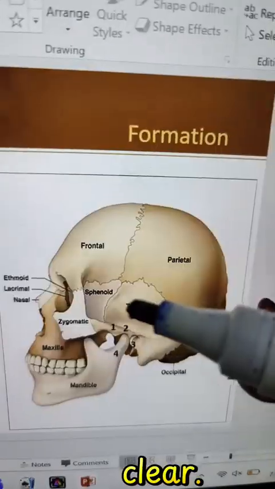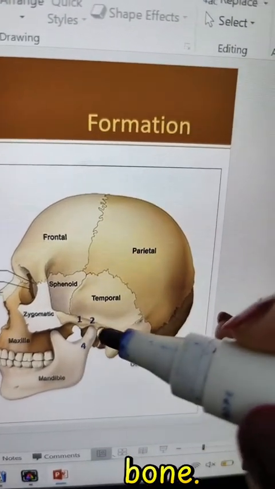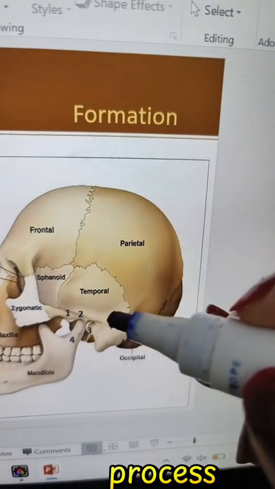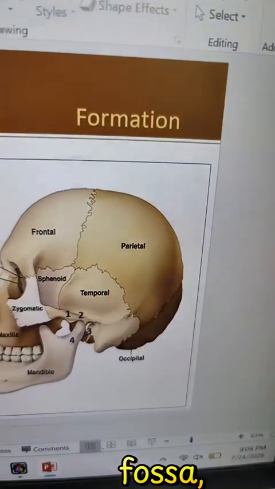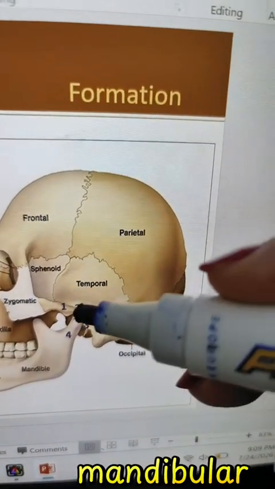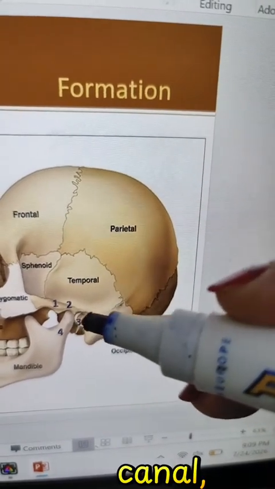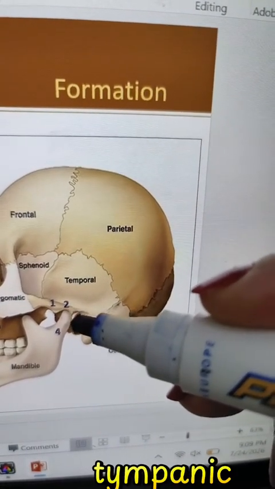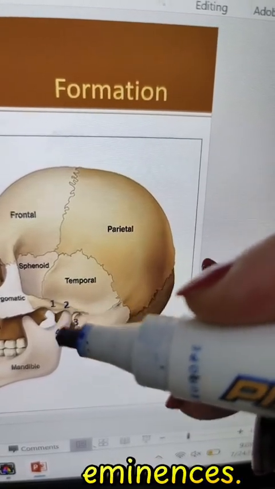I hope it's clear. As you can see here, this is the temporal bone, this is the mandible bone, this is the zygomatic process of the temporal bone. Here it is the mandibular fossa, and this is the external auditory canal, and this is the tympanic plate, and this is the articular tubercle or eminence.